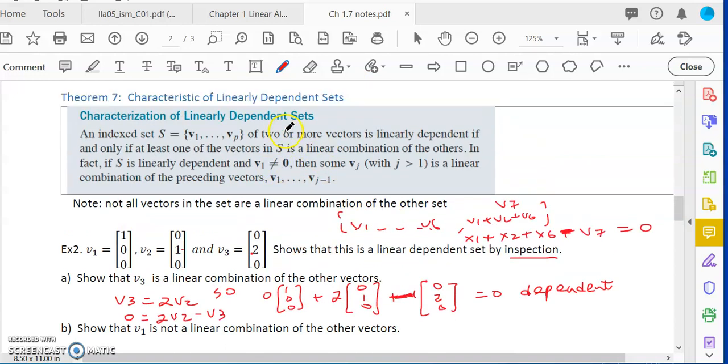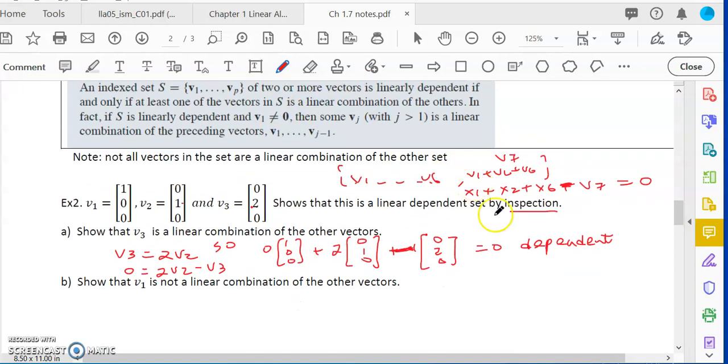So you can use this theorem, Theorem 7, which says that if one is a linear combination of the others, it doesn't have to be all of them, just some of them, then they are dependent. And this shows it too. So I want to emphasize that you don't have to have all the vectors being a linear combination of the others. So long as you have one, that's fine.